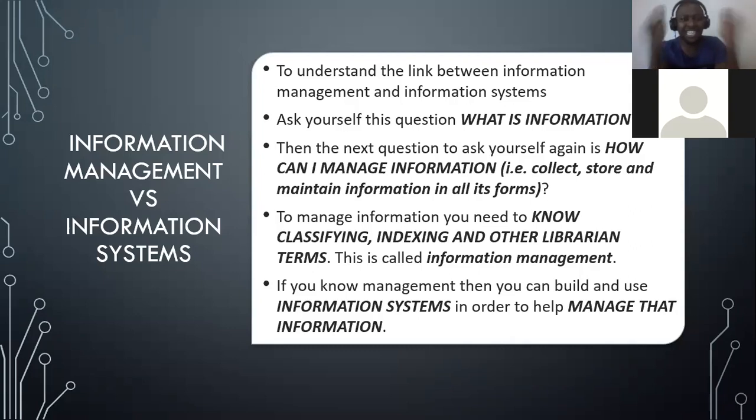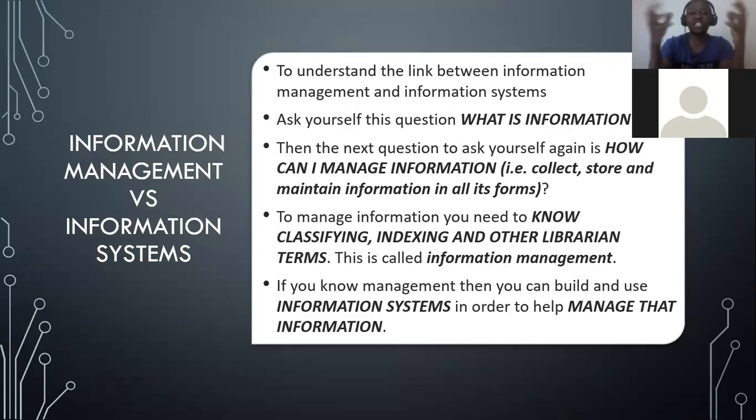So to understand the link between the two, you need to ask yourself this question: what is information? And then the next question that you need to ask yourself is, how can I manage that information? When we're talking about managing the information, we're talking about collecting it, storing it, maintaining it in all its various forms, right?